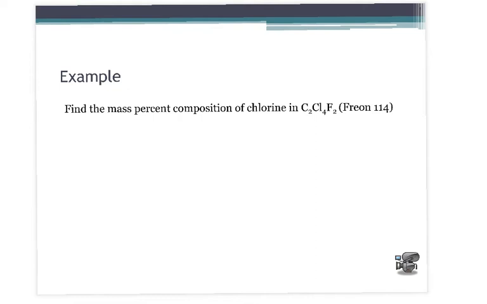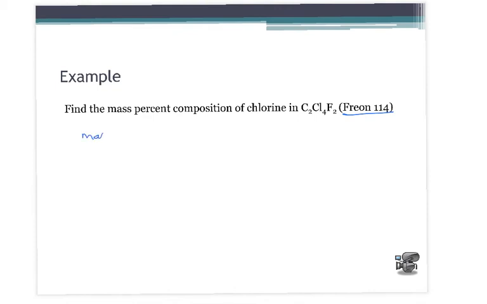These have been found to be very detrimental, causing depletion of the ozone layer. The damage is caused by the chlorine here. That is why we want to know how much chlorine is found in this Freon. How much will that end up damaging the ozone layer? So let's go ahead and figure this out.